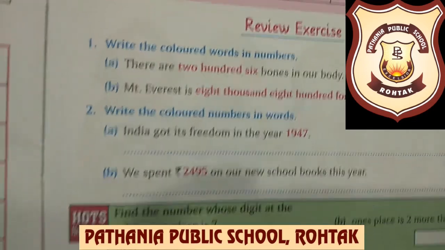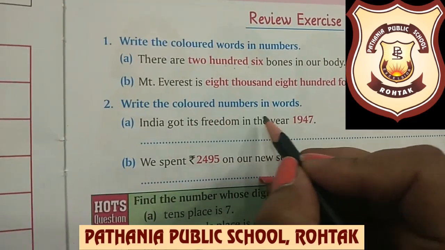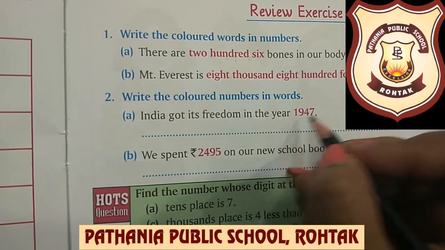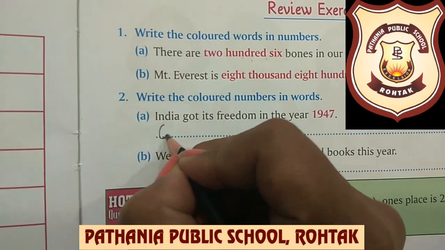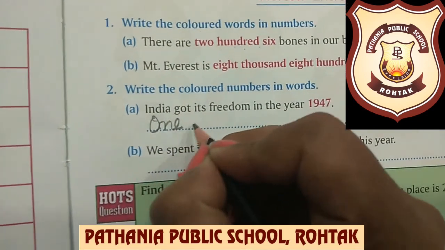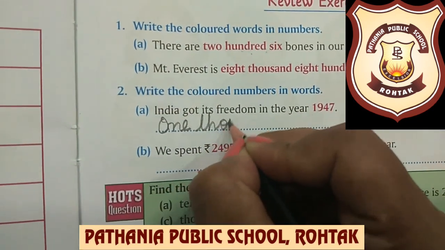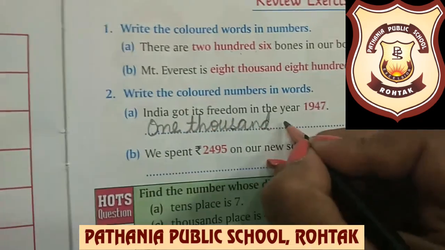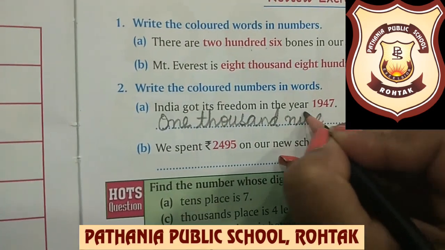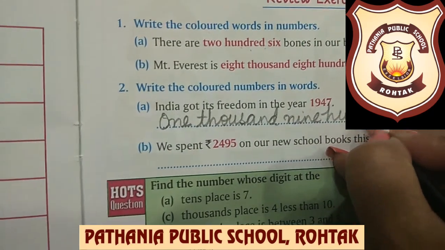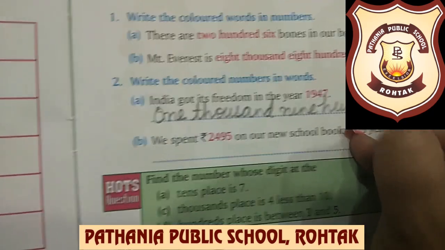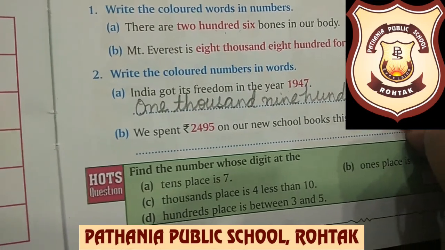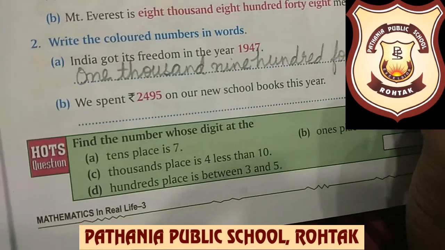Write the colored number in word. Now India got its freedom in the year 1947, means 1947. So we need to write in words 1947.